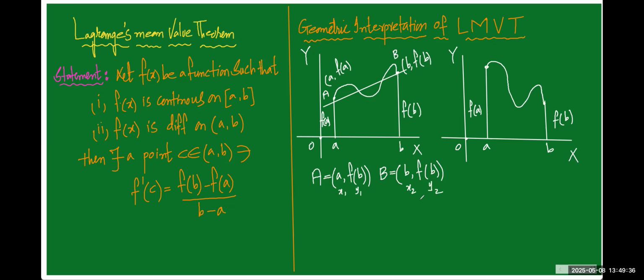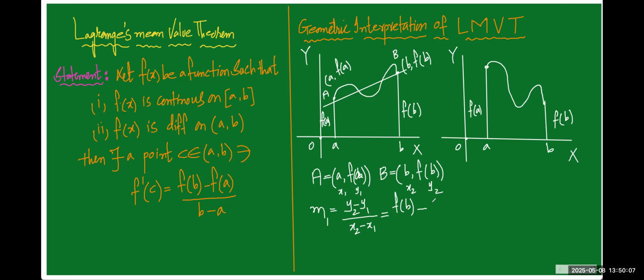What is the formula to find the slope? Slope m is equal to y2 minus y1 by x2 minus x1. Y2 value is f of b minus y1 value, which is f of a.